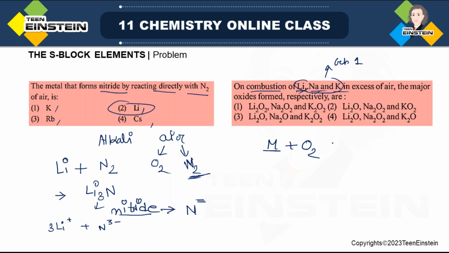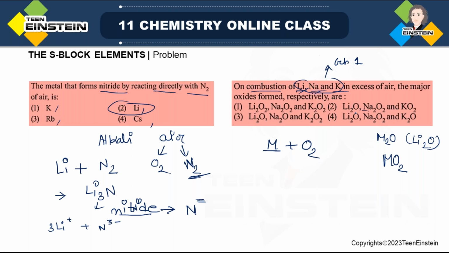Now when this metal is lithium, we will get normal oxide, which is having formula M2O, and only one M2 is there, which is for lithium. Then if it is sodium, we get peroxide, which is Na2O2, and if it is potassium and the other elements, rubidium, cesium, then the formula is MO2, which is the superoxide.